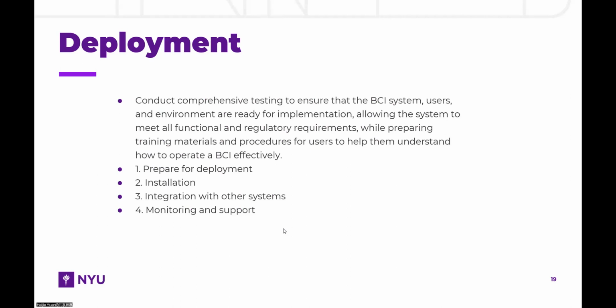We're preparing training materials for users to help them understand how to operate the system effectively. The physical and software environments in which BCI are used are adjusted to ensure security.